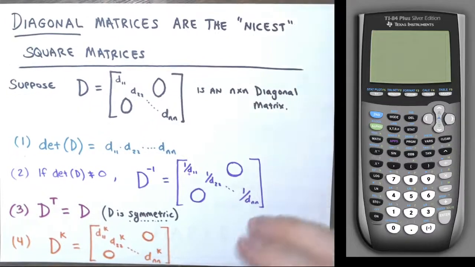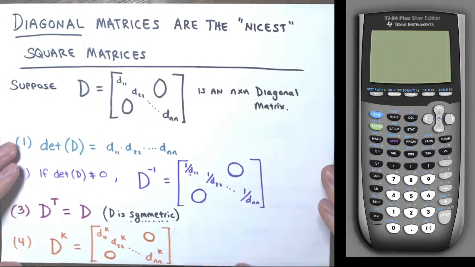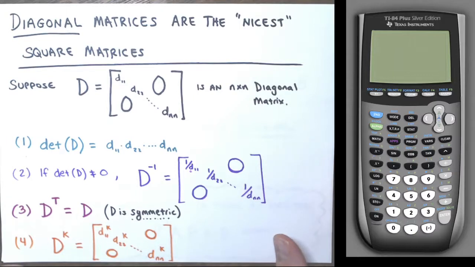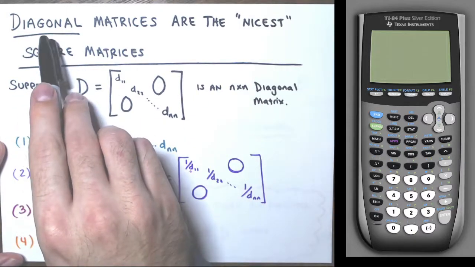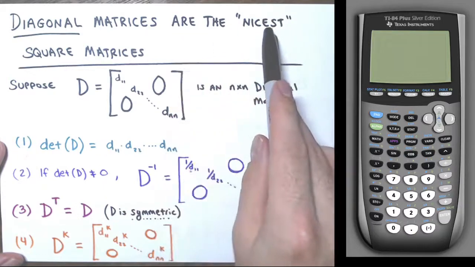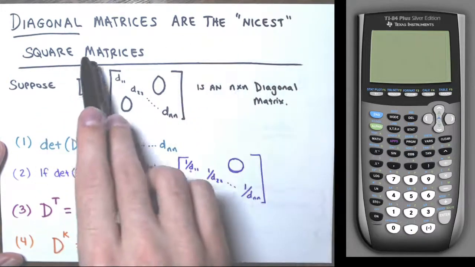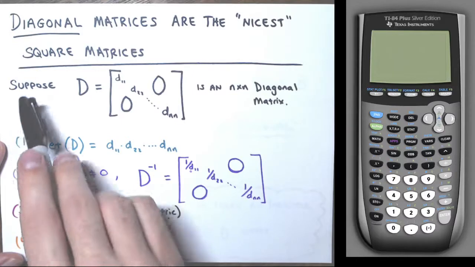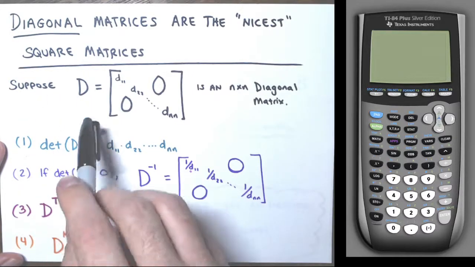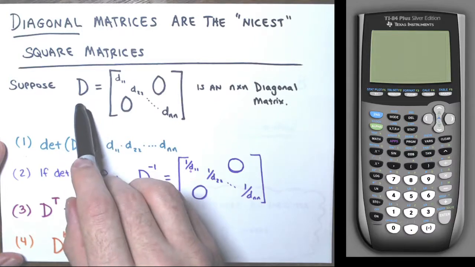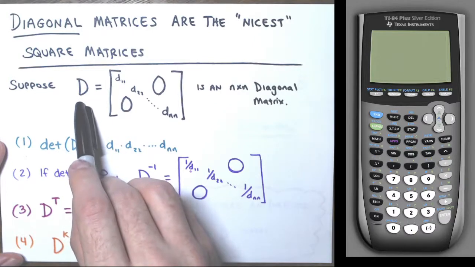Depending on your definition of nice, it might be different for you, but I would say diagonal matrices are the, quote-unquote, nicest square matrices. Let me just show you some properties of diagonal matrices real quick before we get into the diagonalization of a square matrix problem.